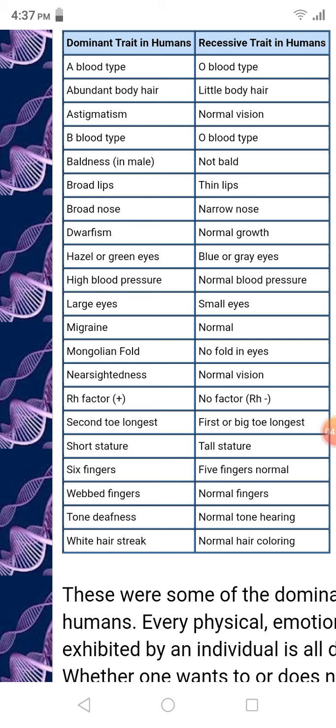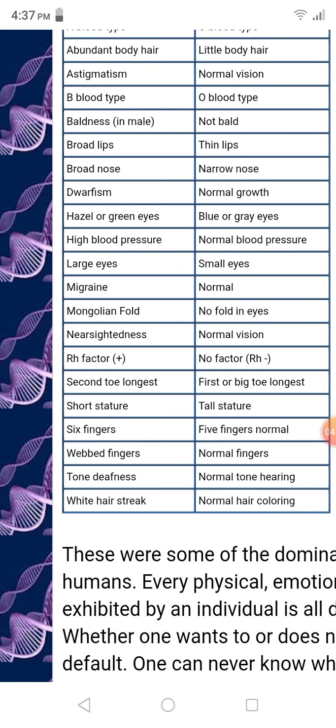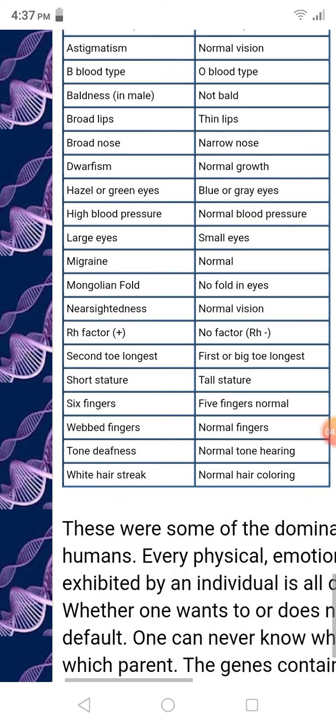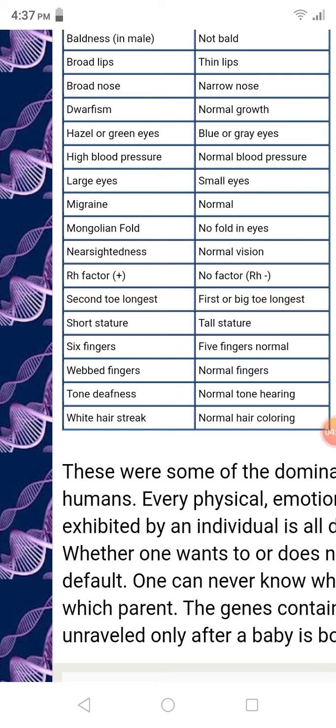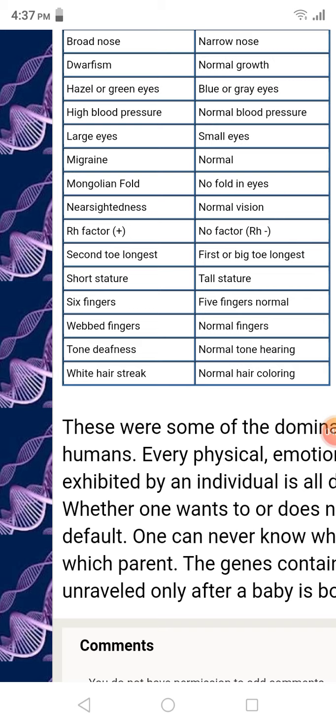So we are not talking about the eyebrow folds or the forehead folds. Normal vision, RH factor negative, first or big toe longest, tall stature, five fingers, normal fingers, normal tone hearing, normal hair coloring. There's no streaks.